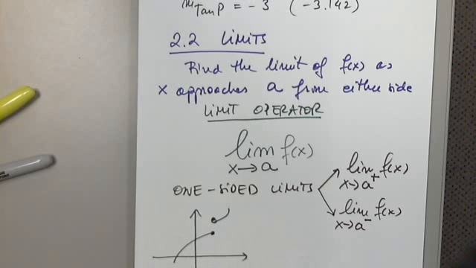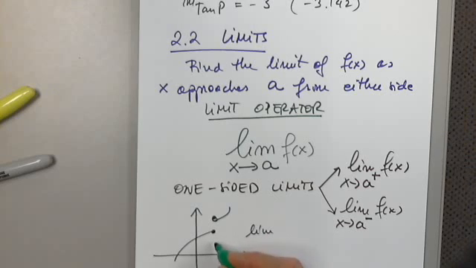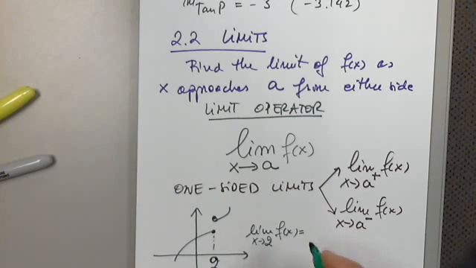This is full and this is open. Let's say this is the limit as x approaches a. This is a. Let me use a number. It's even easier. Okay? So limit of f of x as x approaches 2 from either side. What will you say?